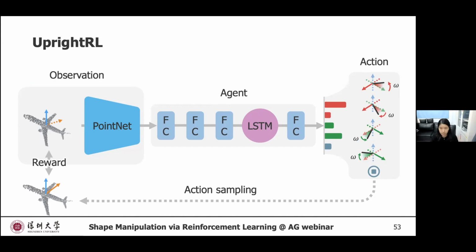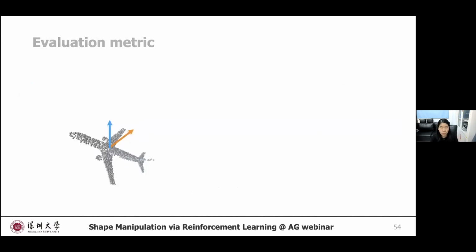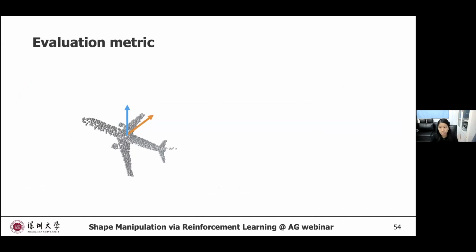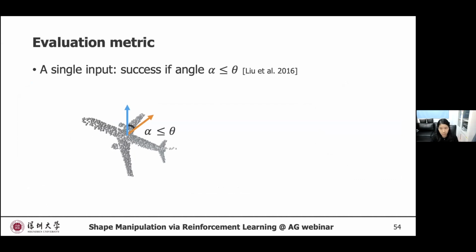And we consider the upright correction to be successful if the angle between those 2 directions is smaller than a given threshold, as in previous works. But instead of setting the threshold to be 15 degrees only, we also tested 5 and 10 degrees to evaluate the result in a more accurate manner.